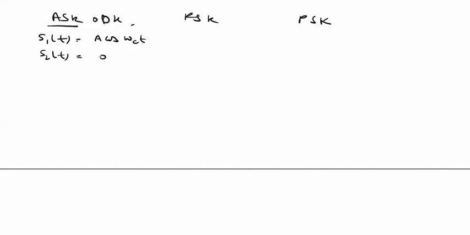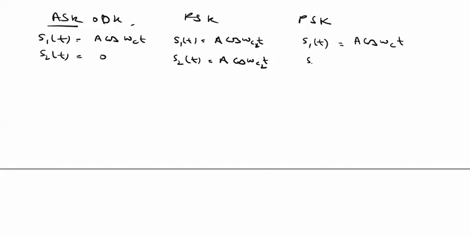For ASK, S1(t) is A cos omega c t and S2(t) is 0. For FSK, S1(t) is A cos omega c1 t and S2(t) is A cos omega c2 t. For PSK, S1(t) is A cos omega c t and S2(t) is minus A cos omega c t. The line codes are unipolar NRZ, polar NRZ, polar NRZ.